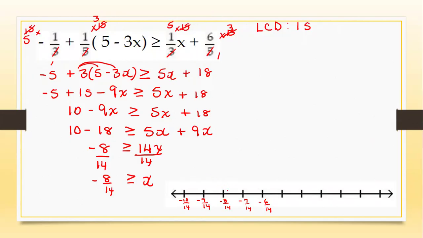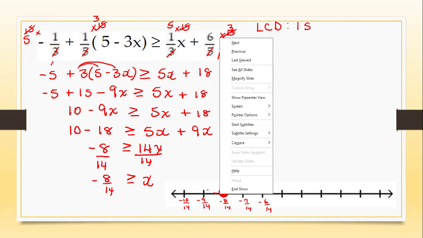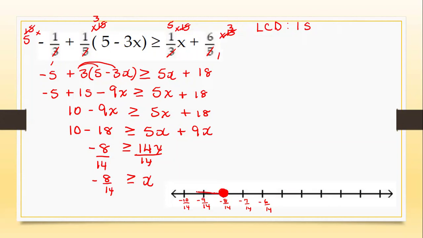So I'm going to go to negative 8 over 14 because it's less than or equal to. I'm going to now shade in the circle. It's less than, so my arrow is going to go towards the left. We could also have done it to the top and show the same result.